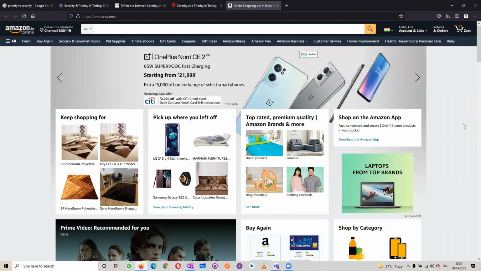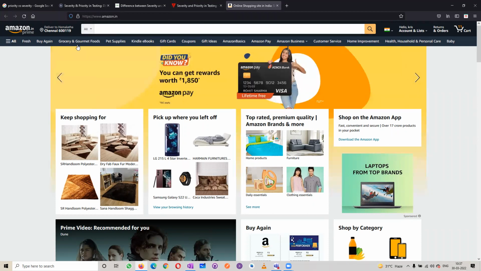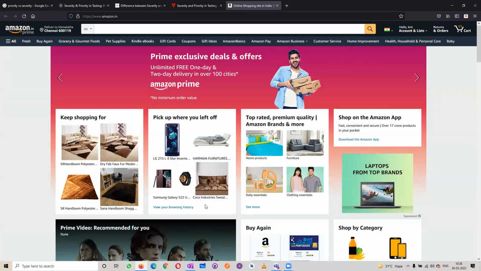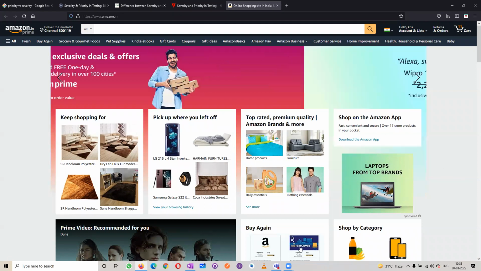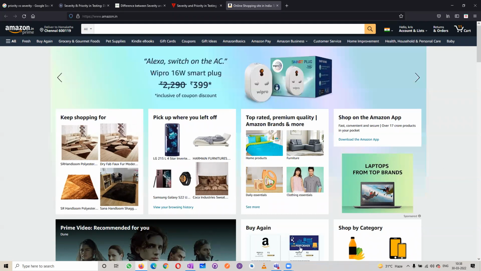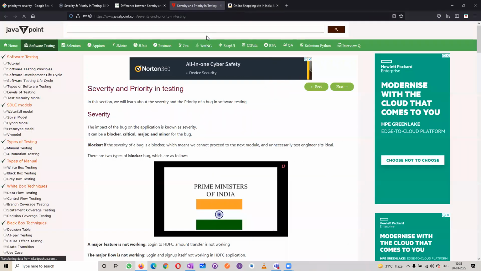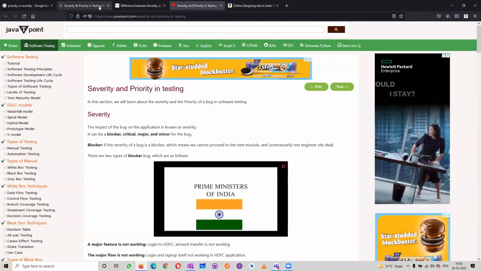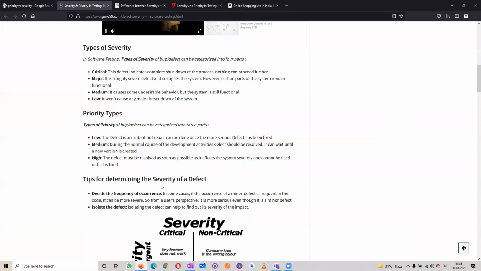Can I test this application? Obviously no, because the page itself was not open for me. Then what else can I test over here? All my smoke cases are failing. Can I test this one again? No chance. So unless that particular bug is fixed, I can't proceed further.